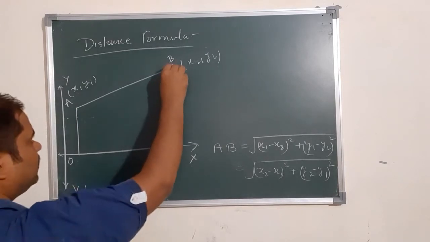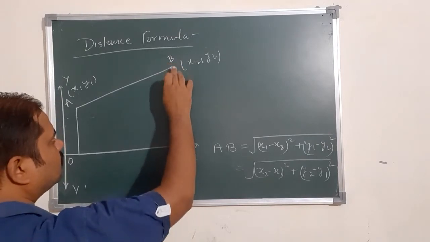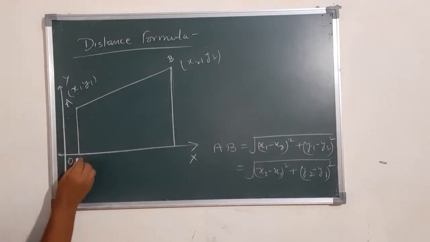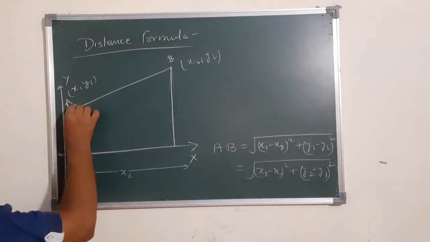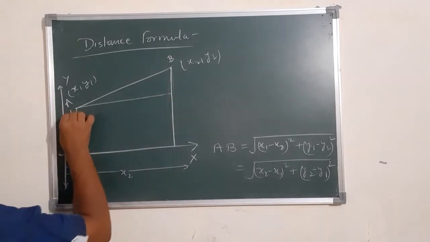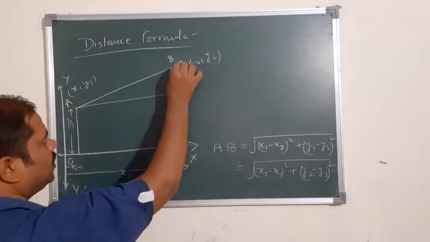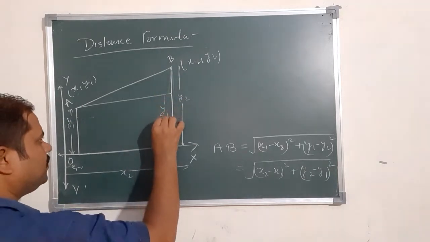Now draw these perpendiculars, and this is to be (x1, y1), that's why this point is x1 and this is x2, this is y1 and this is y2. Since this is y1, then this also is y1.